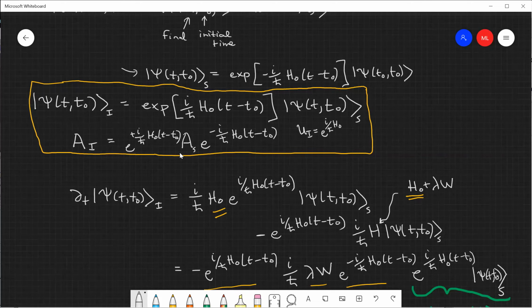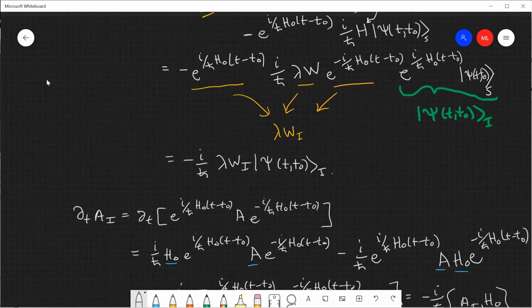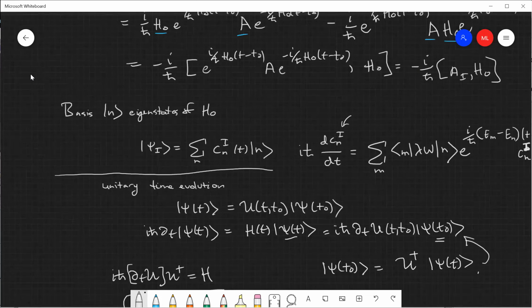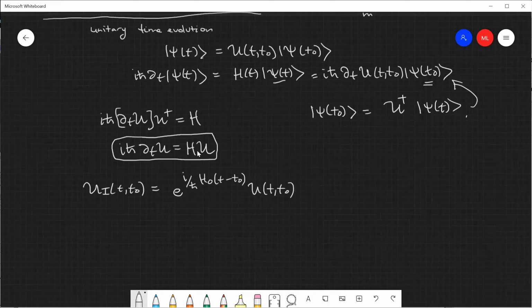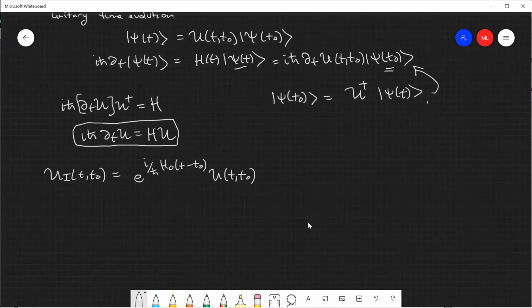Just something to keep in mind, so I'm going to put it in small lettering there. But you can, of course, derive all of it by thinking about what the relationship is between the Hamiltonian and the unitary. They're related, of course.